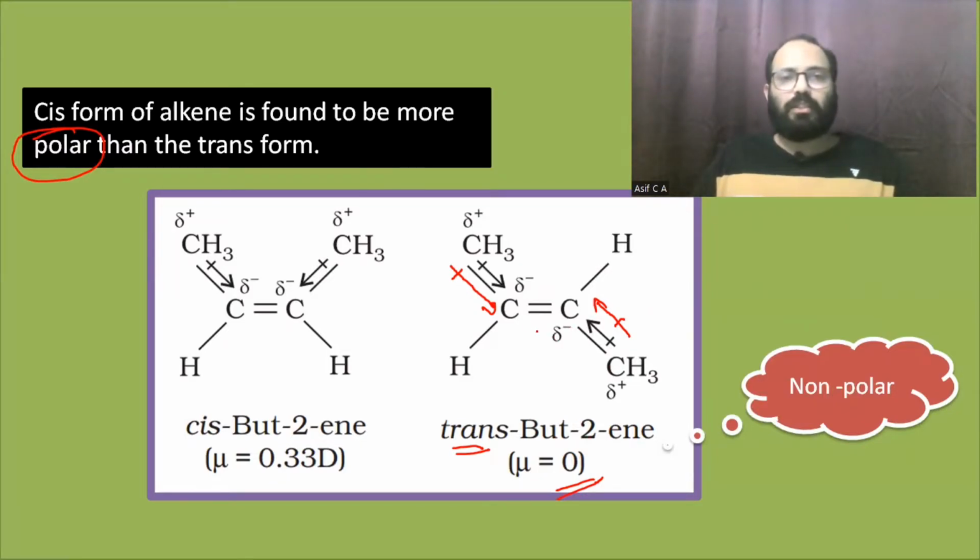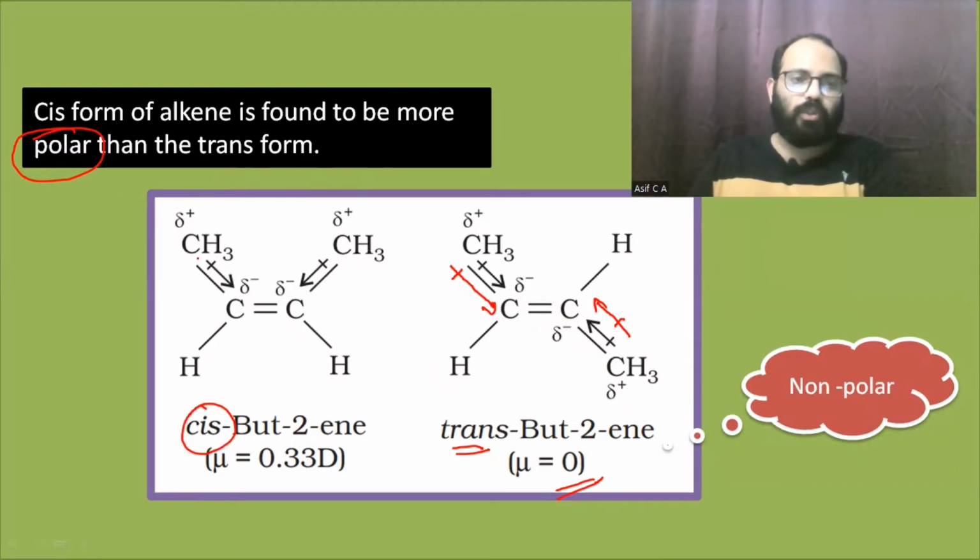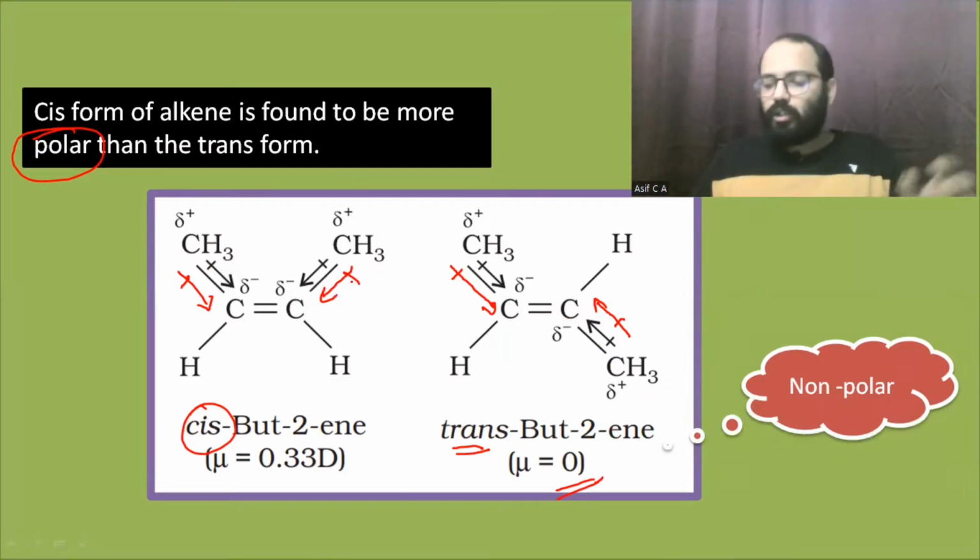புரியுதுங்களா? So which is non-polar? Trans butene is non-polar. But when you go with the cis பார்க்கும்போது you can able to see that one is like this one, another is like this one. They are not cancelling entirely. அது opposite வரல, cancel ஆகாது. So additionally you will have some resultant dipole moment. So you can able to see that cis க்கு 0.33 D dipole moment இருக்கும், and mu will be 0 for the trans.